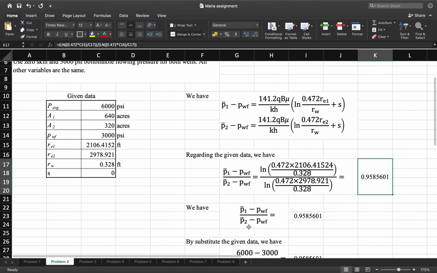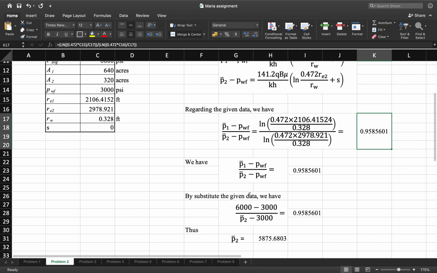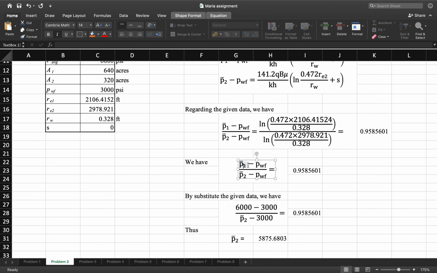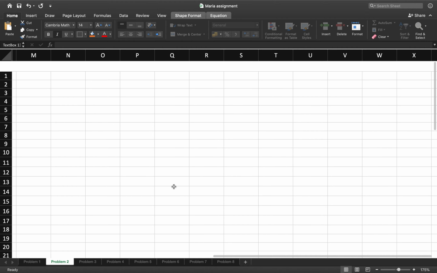Alright, so you have the ratio here. By the mathematical method, you can find the value, because you already have P1, the average pressure 1, and the bottom hole pressure. So then you can solve it, or you can use Excel to calculate this one.